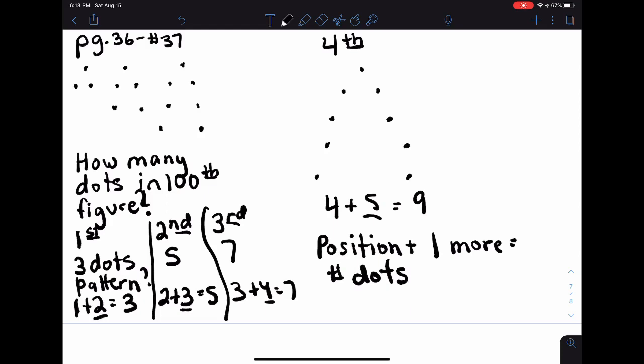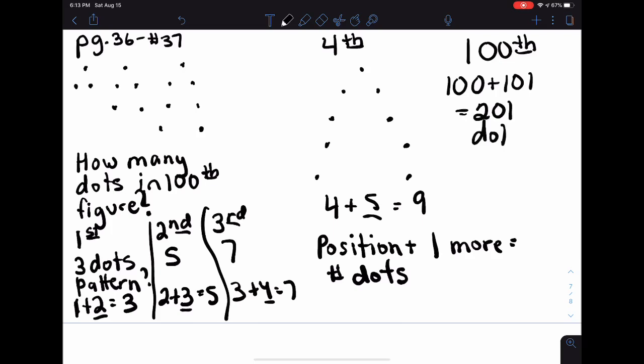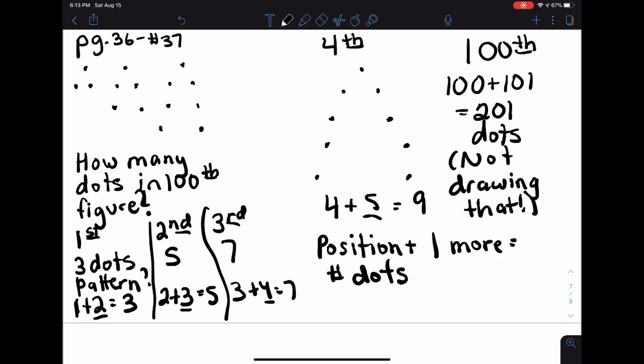Like fourth position plus 1 more, which is 5, equals 9 dots. And the question didn't ask for the fourth figure. I have to go back and make sure I've answered the question. It asked about the 100th figure. So the 100th position plus 101 will equal 201 dots. I am not drawing that. But there you go.